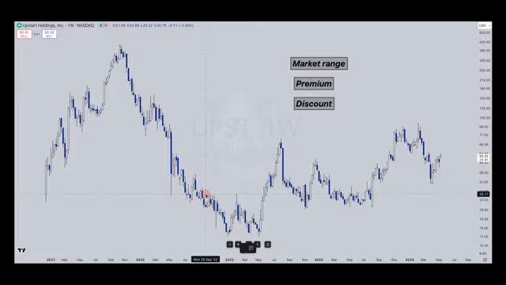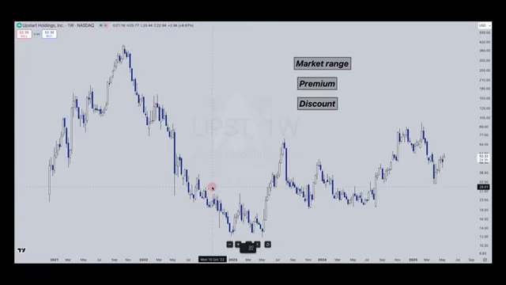So let's go over two examples of a discount market and two examples of a premium market, and I'll show you how to trade both of them. In a discount market, what that basically is, is applying the concept of a market range to a market that is moving upwards, a market that is trending upwards.